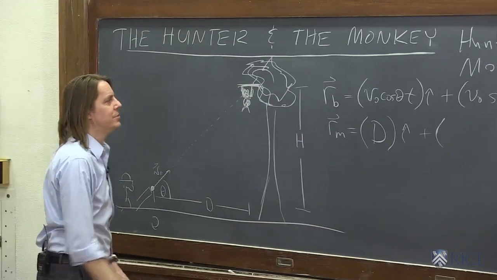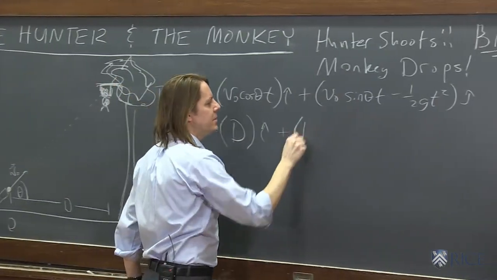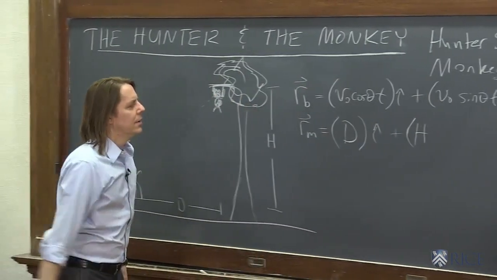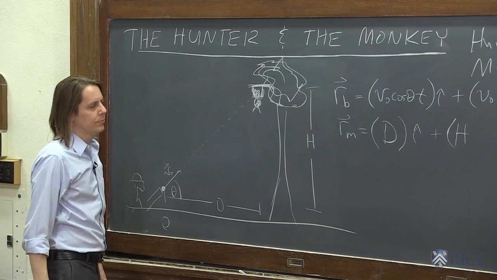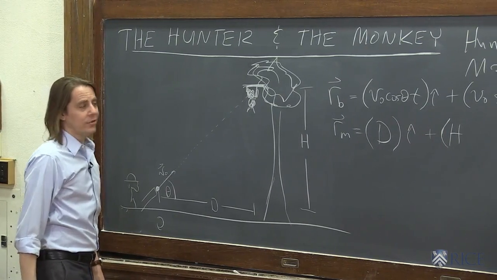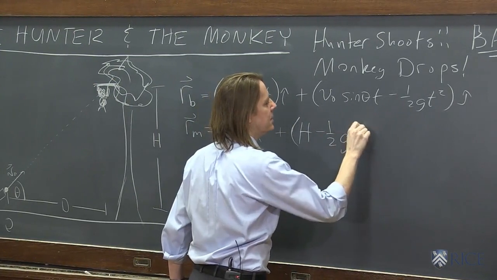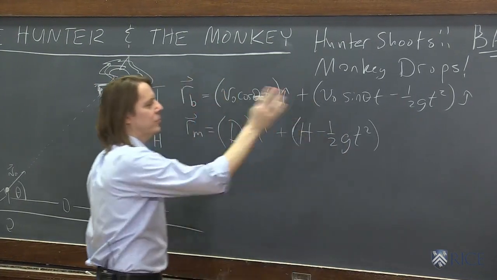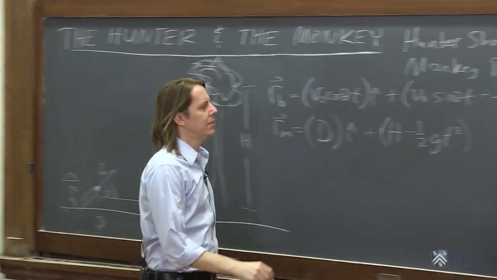The initial y position of the monkey is h. Starts out at h. And then his initial velocity is 0. And he accelerates down as he falls. So minus 1/2 g t squared, where I'm putting a minus because we're assuming g is a positive number, 9.8. And that's in the j hat.